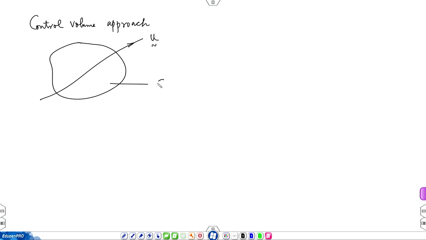So, this volume is called control volume, CV, and this surface is called CS, control surface. It has a surface, and the surface is defined by the unit outward drawn normal n.